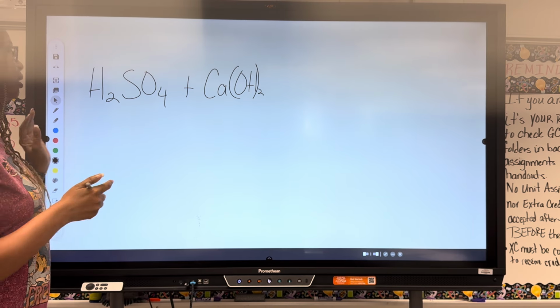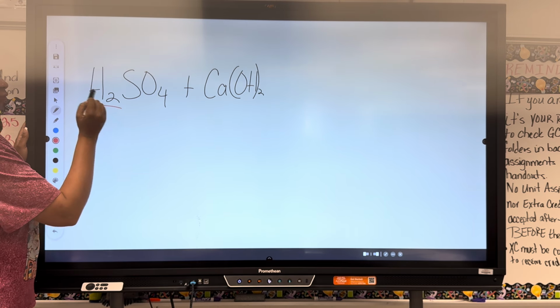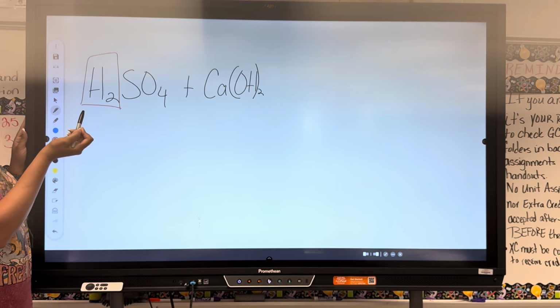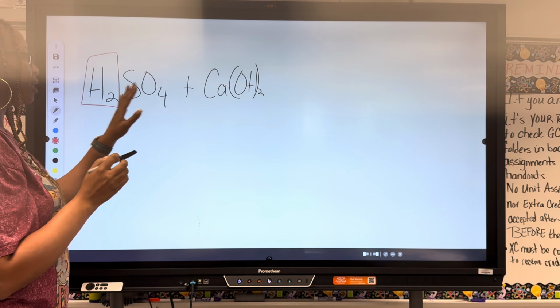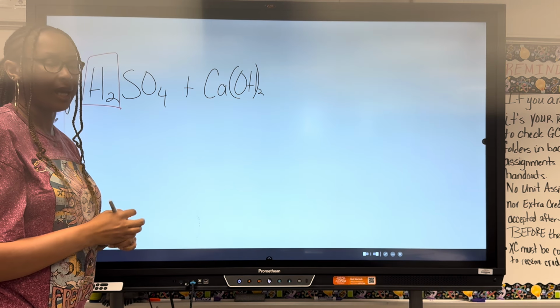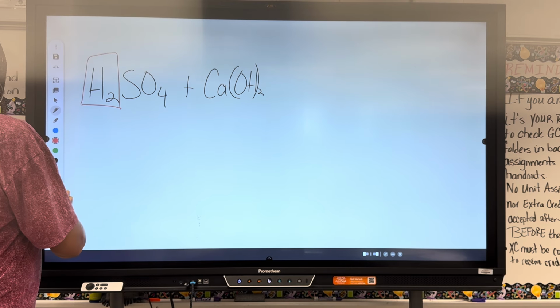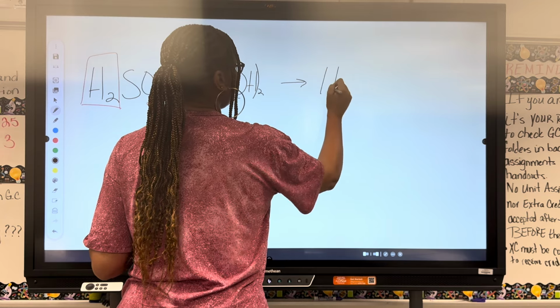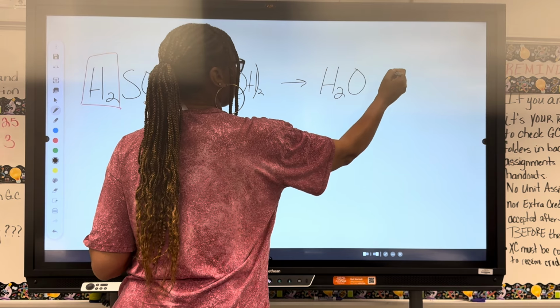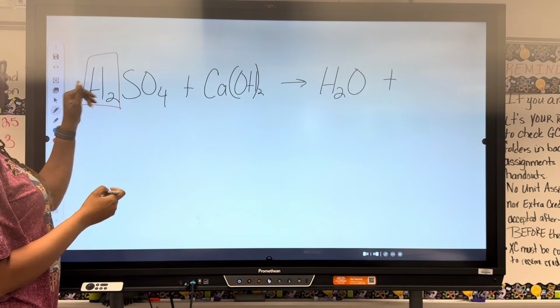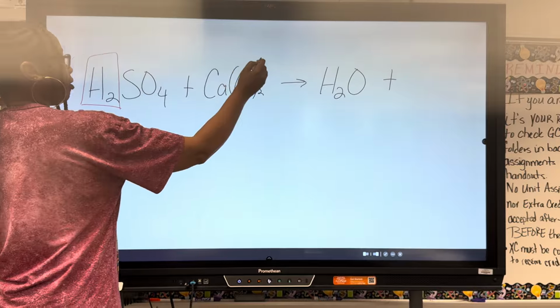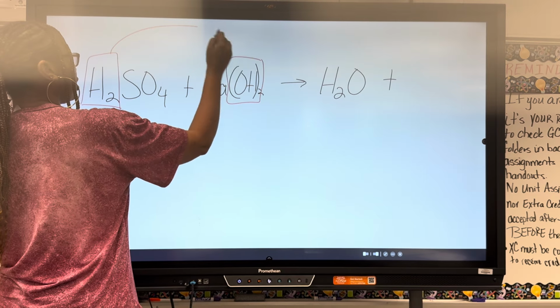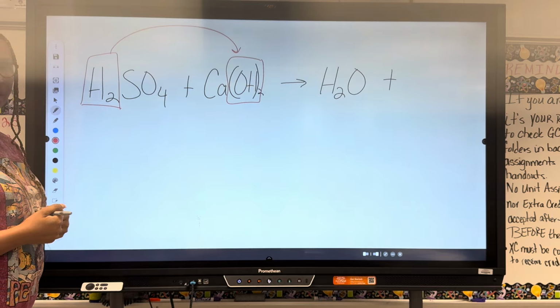Anytime I have an acid, and we know that in acids the first element is hydrogen, okay? When I have an acid and a base, hydroxide, one of my products is going to be water. So this is going to give me water plus, because this hydrogen and this hydroxide are going to come together to form water, because what's 2 H's and an O?